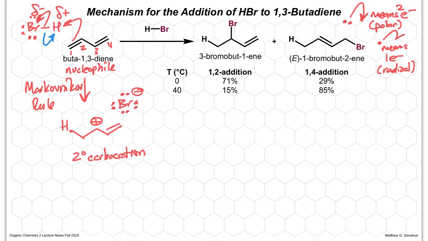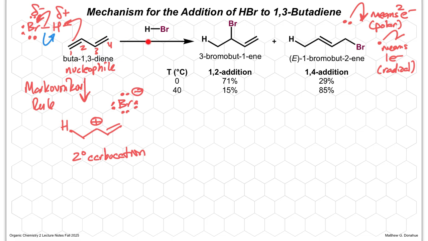Since bromine accepted the bonding pair between H and Br, it now has an extra lone pair, so it's formally negative.